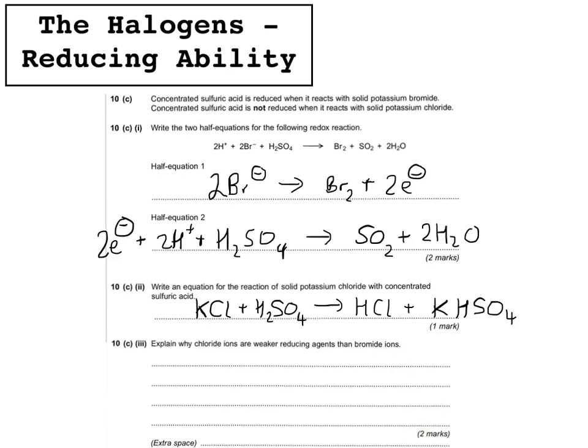So you can say that the bromide ions are oxidised more easily, because remember that's what's happening to them when they're reducing agents, which means they lose electrons more easily.